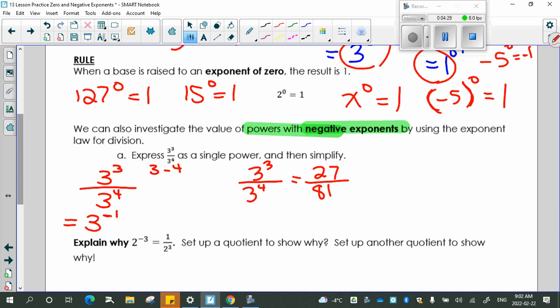And then if I put this in lowest terms, I know 3 to the 3rd is going to go into 3 to the 4th, so it might take you a couple steps, but you can actually divide top and bottom by 27, and you're going to get 1 over 3. Because 27 divided by 27 is 1, and 81 divided by 27 is 3.